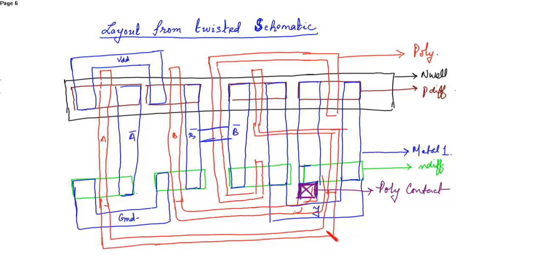Okay, and then A bar is connected to the other gate. So this can be connected from here to here. Okay, we'll do one thing.